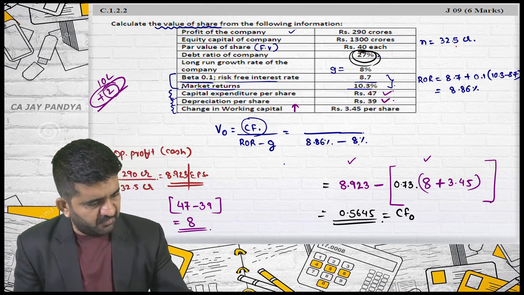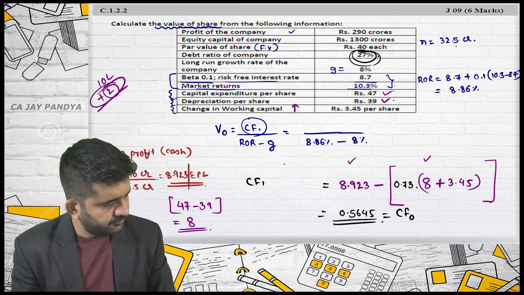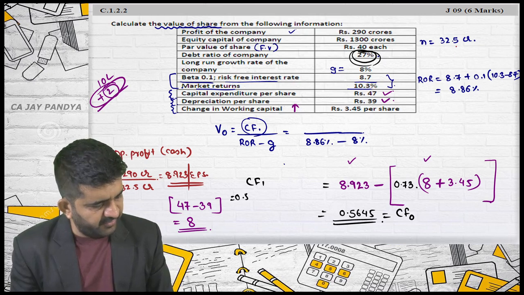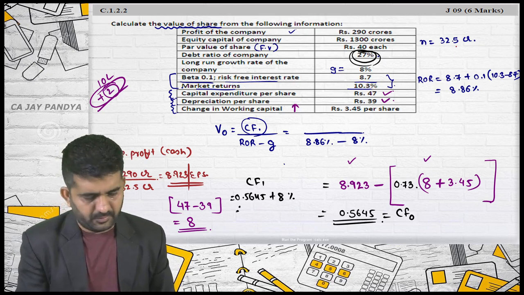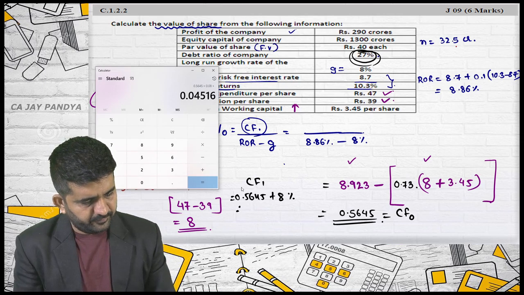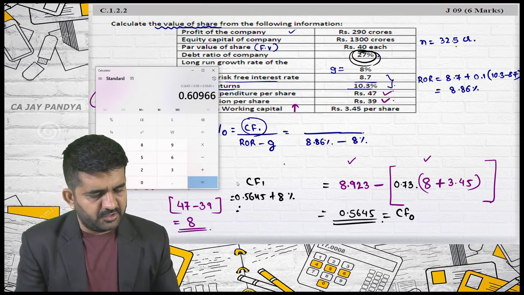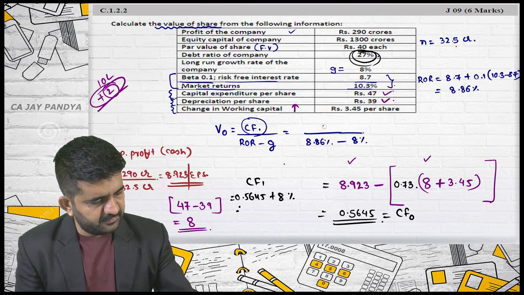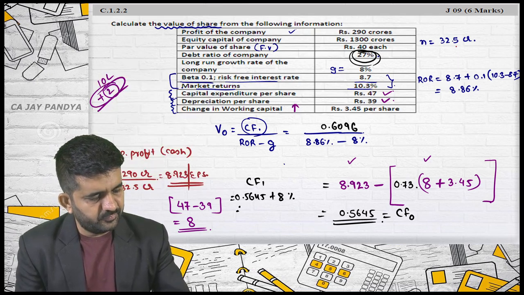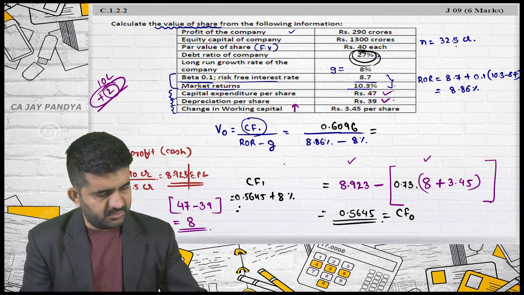The cash flow of the first year will be plus 8%. It is 0.5645 plus 8%, which is 0.6096, and this is the place where the full question runs around.